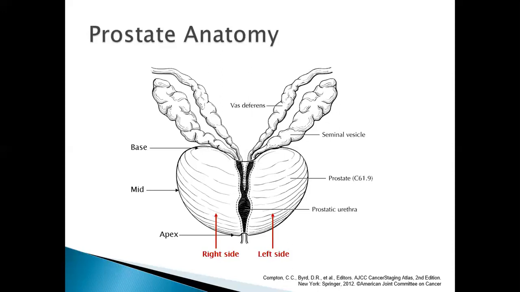There's just a right side and a left side, all right? Some physicians may call them lobes, the right lobe and the left lobe, but technically they really aren't lobes, they're just considered right side and left side. There's actually more than 2 lobes in a prostate gland, but right now we just need to understand that there's a right side and a left side, and the prostate is not a paired site, all right?